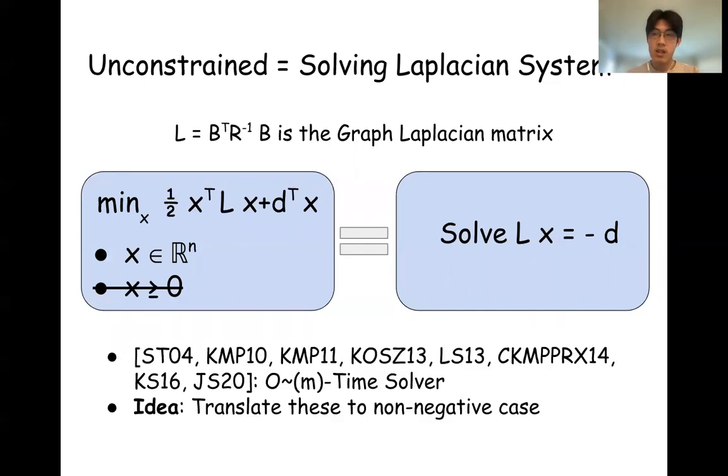And since the seminal results of Spielman-Teng in 2004, there is a huge line of results that gives near linear time solvers for such linear systems. So our idea is very simple. We simply generalize their techniques to the case where the non-negative constraint is present.